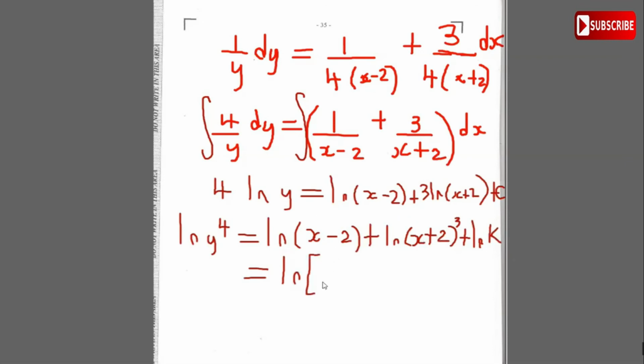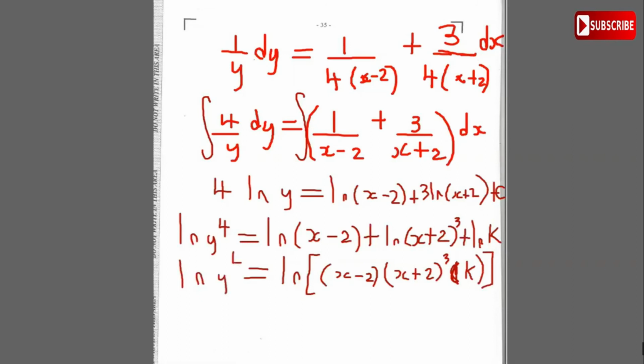So this is now just a log of x minus 2 times x plus 2 cubed times k, since ln k is just times k. So now I have everything as 1 log on that side, and that's ln y to the 4.